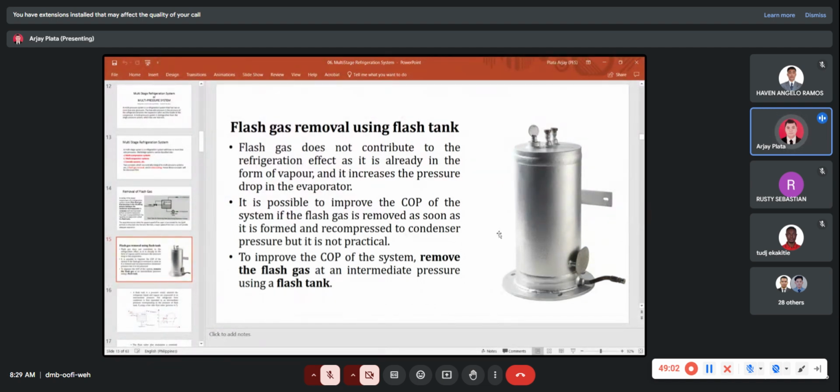Flash gas does not contribute to the refrigeration effect as it is already in the form of vapor, and it increases the pressure drop in the evaporator. So it is possible to improve the COP of the system if the flash gas is removed as soon as it is formed and recompressed to condenser pressure, but it's not practical. So to improve the COP of the system, we remove the flash gas at an intermediate pressure using a flash tank.